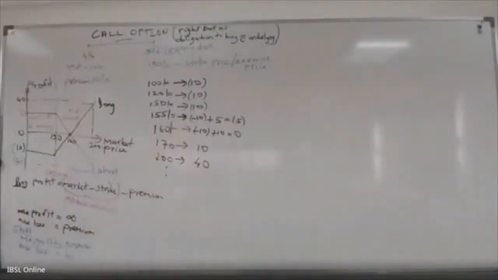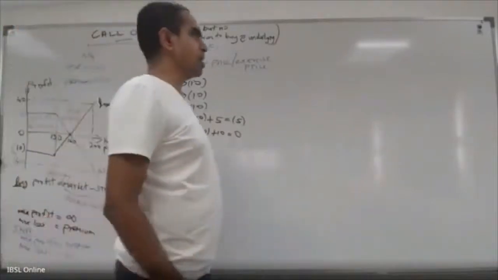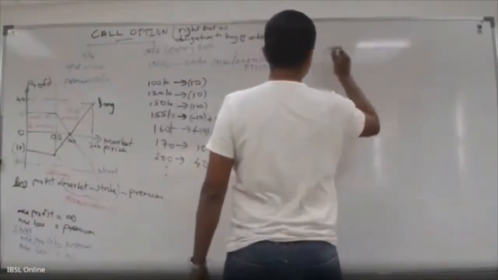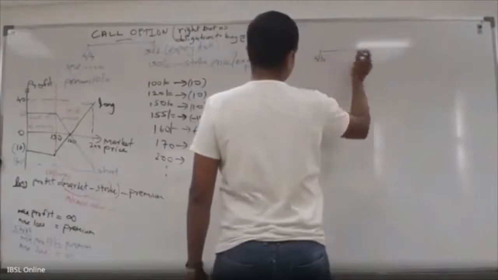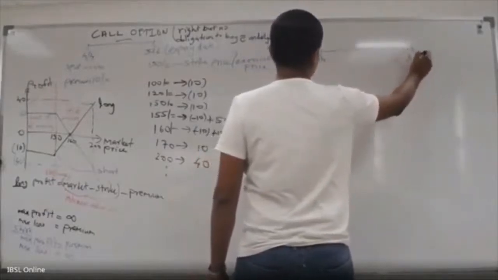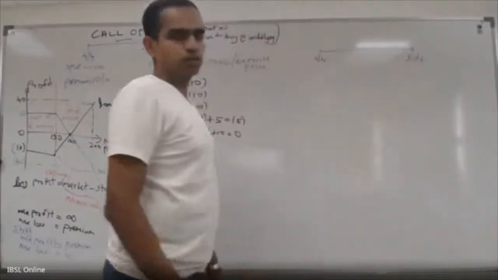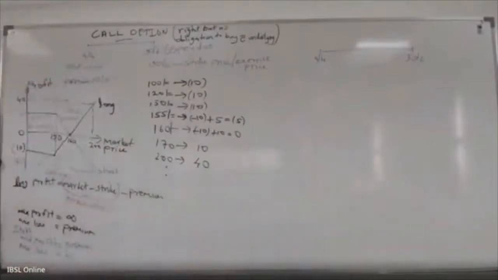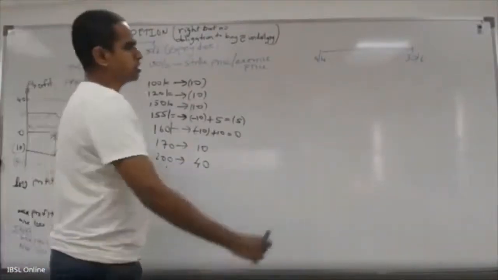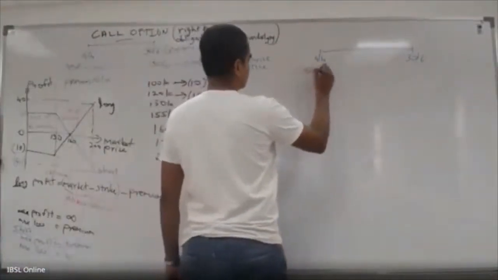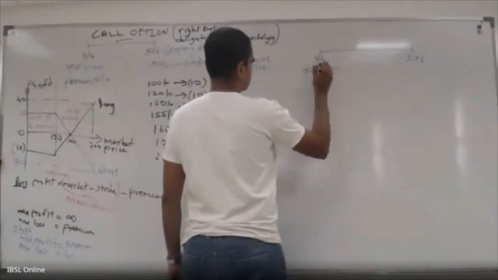But what if you have a mango plantation and you want to sell mangoes? Today is 4th April, and on 30th June you want to sell mangoes. Again, let's assume today's spot price of a mango is 100 rupees.